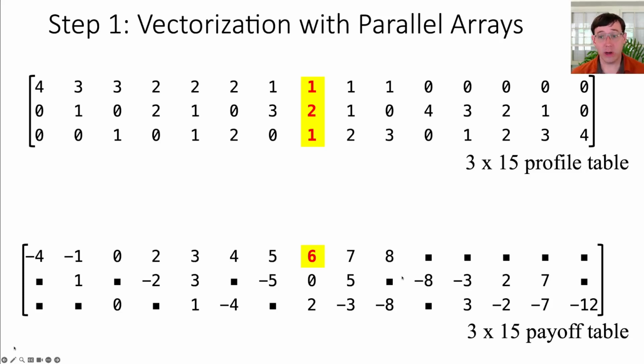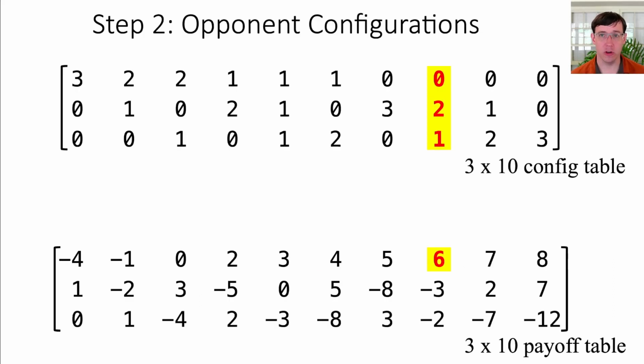And so when we do calculations with these arrays, we end up having to mask out all of the invalid entries, but we can avoid that and also get a more compact representation by switching our perspective from storing profiles to instead storing opponent configurations.